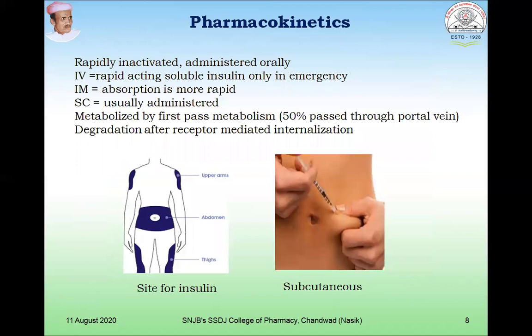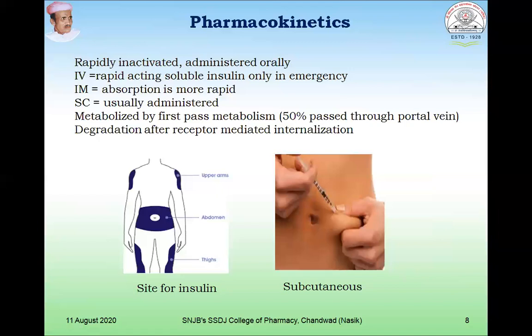Insulin, when given orally, is rapidly inactivated by gastric acid. So the preferable route of administration is the subcutaneous route, where the depot form of insulin is administered. Intravenously, insulin is administered only in an emergency, otherwise it reduces the glucose level and leads to hypoglycemia.